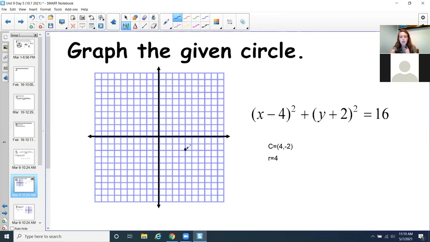Then the way I would say is go up, down, and then left or right 4 places, and then you can kind of just connect them. So 1, 2, 3, 4. 1, 2, 3, 4.